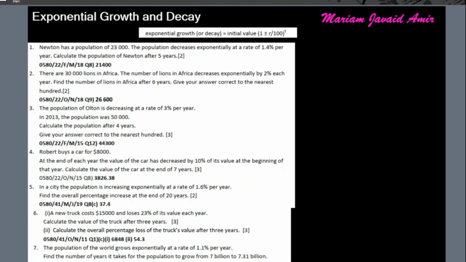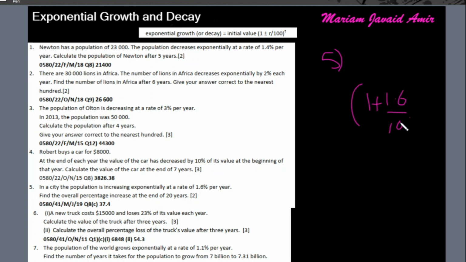Okay. Question 5. In a city, the population is increasing exponentially at the rate of 1.6% per year. Find the overall percentage increase at the end of 20 years.